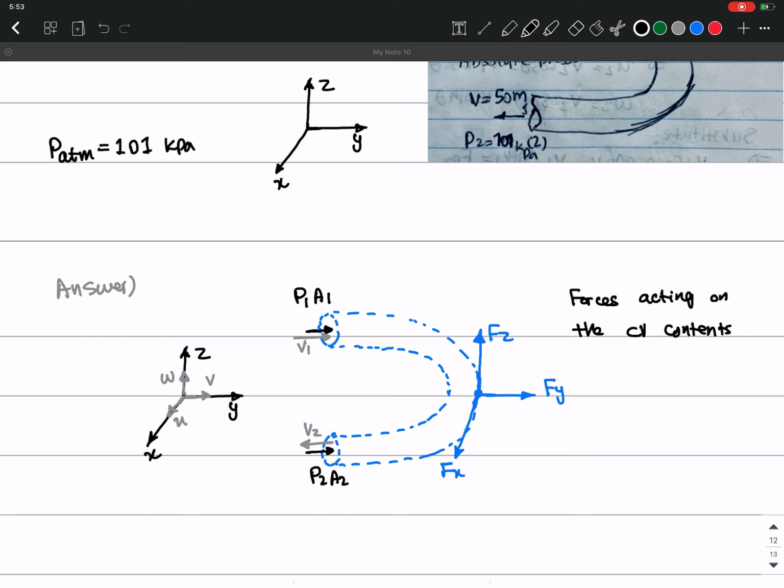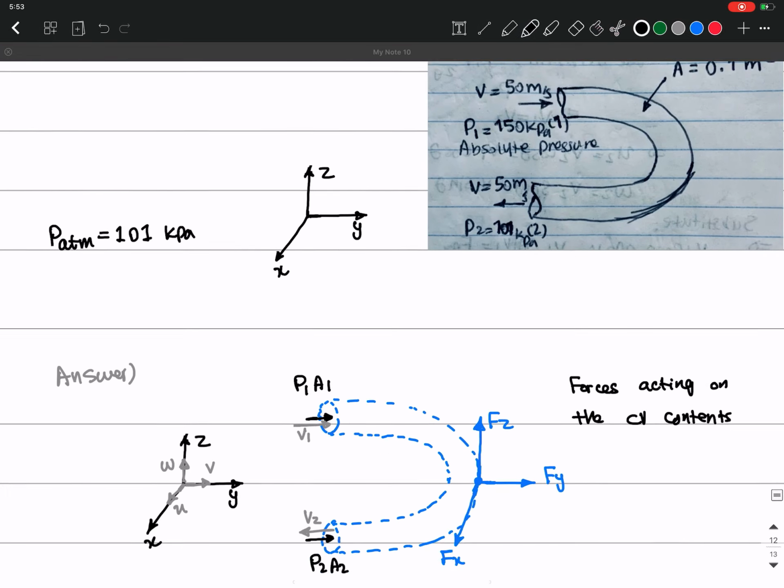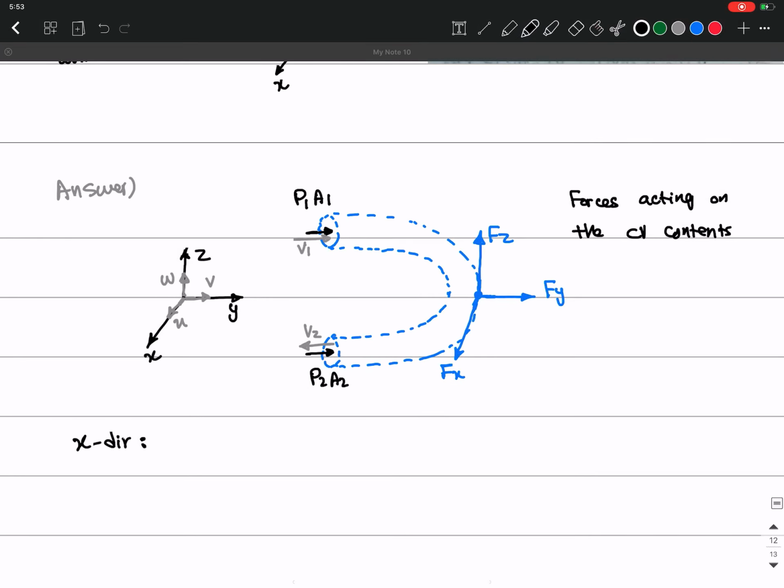Now this is the first step you do. And after you draw the free body diagram on a selected control volume, then you can write the momentum equation. So first I want to write it in the x direction. Because I have steady flow, as it was not mentioned in the problem that I have any unsteadiness, I can assume a steady flow.